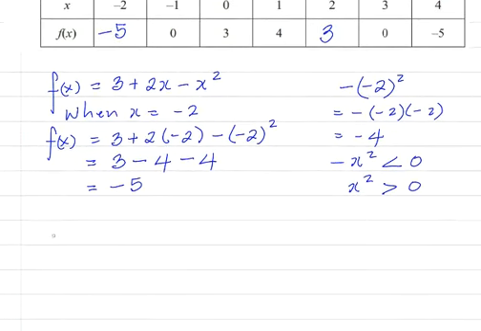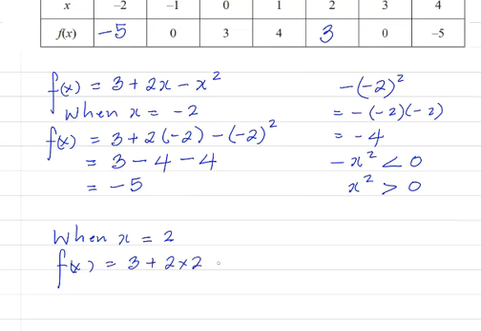I can then say when x is equal to 2, f of x would be equal to 3 plus 2 times 2 minus 2 squared.